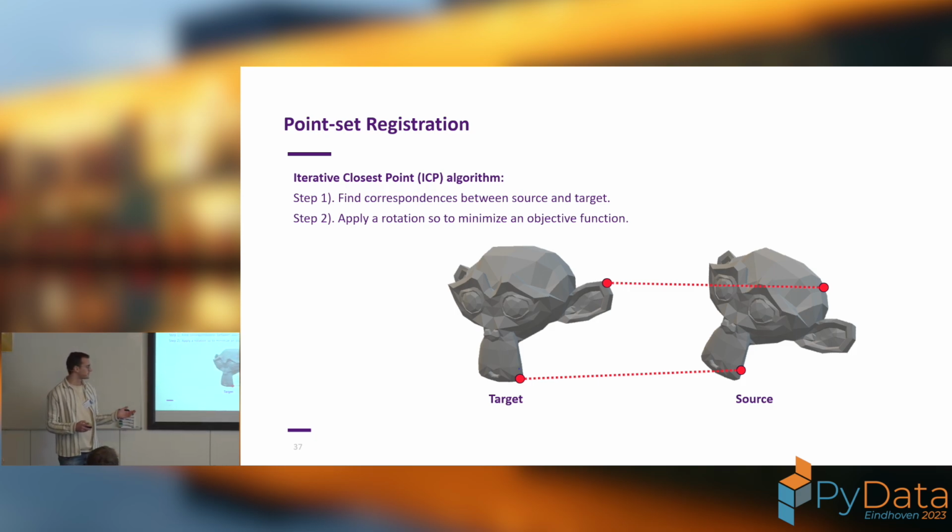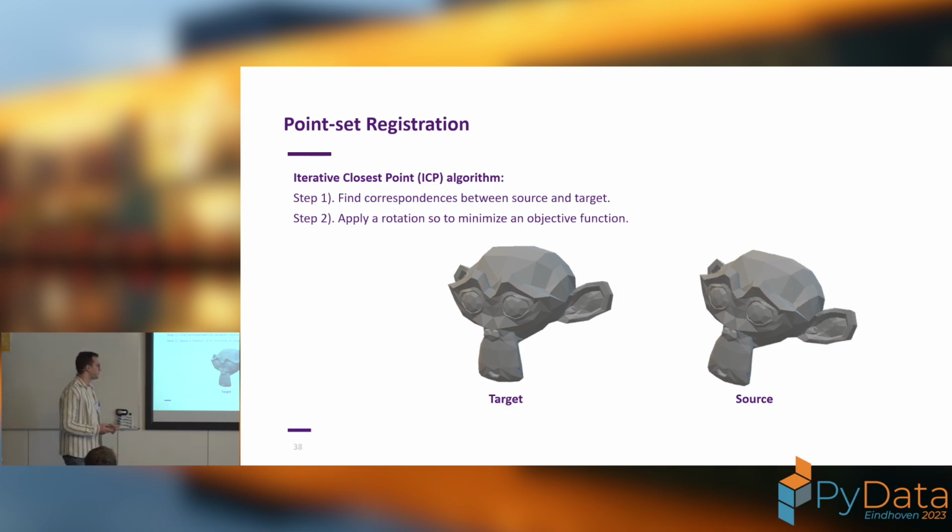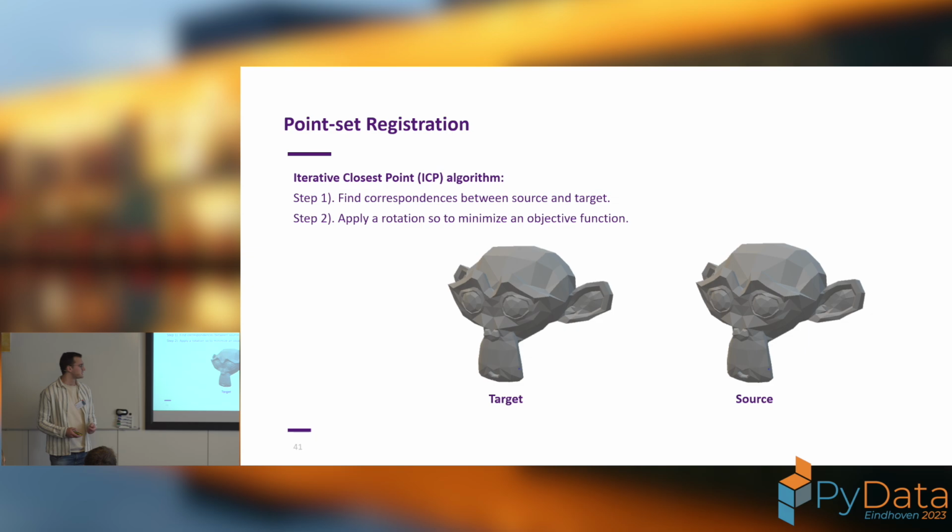So first you detect these correspondences, then you apply a rotation to minimize distances, and because there will be non-overlapping regions, you will always be able to improve. You rotate, and then you iteratively do this. Again, you try to find correspondences, and they already refer to better locations. You apply another step, and eventually you will have the objects aligned. So this is the idea behind these algorithms.